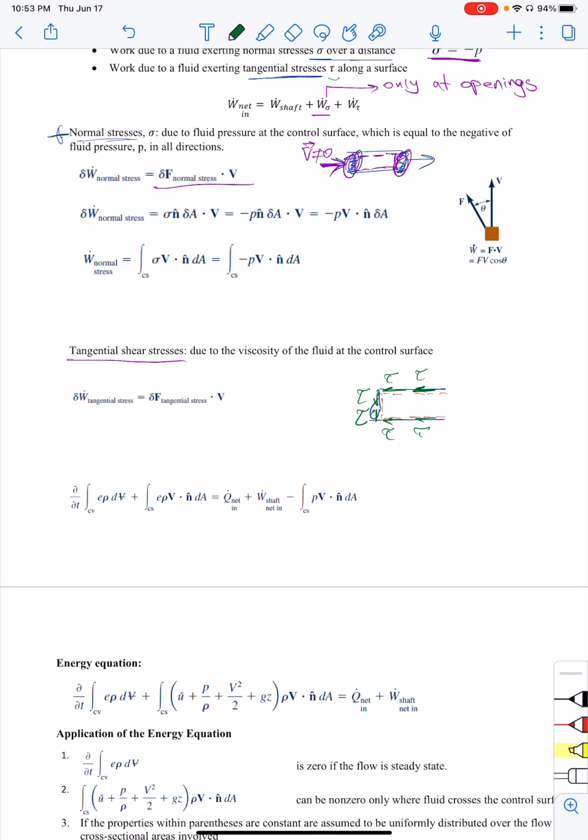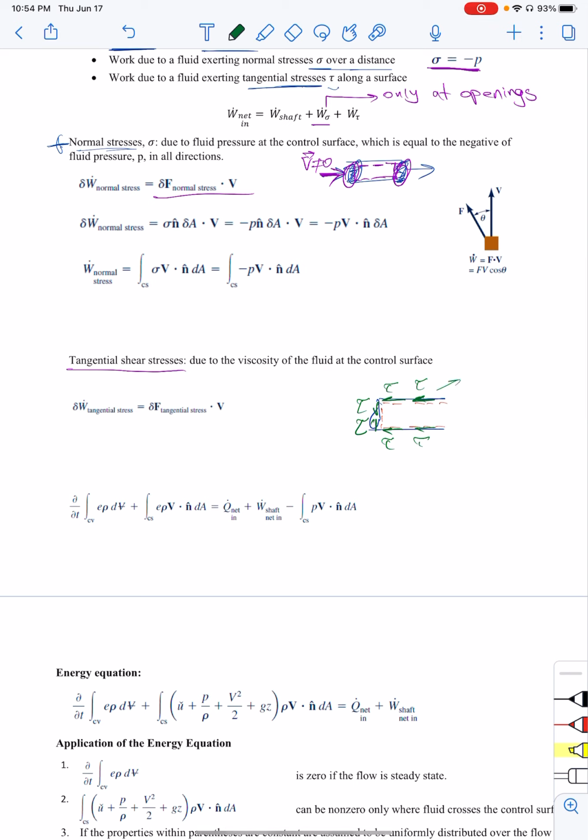And then if I have a control volume, for the control volume, the fluid particle velocity is zero everywhere on the surface of the pipe. Because of that no slip boundary condition, the velocity is zero on the surfaces, right?